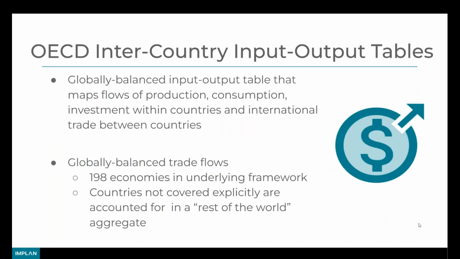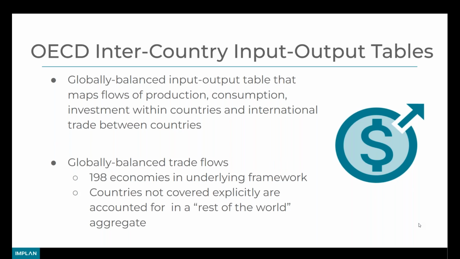As mentioned previously, our country-to-country trade data come from the OECD's Inter-Country Input-Output Tables, or ICIO. The ICIO is a globally balanced input-output table that maps the flow of production, consumption, and investment within countries, essentially the national IO tables, and international trade of goods and services between countries.